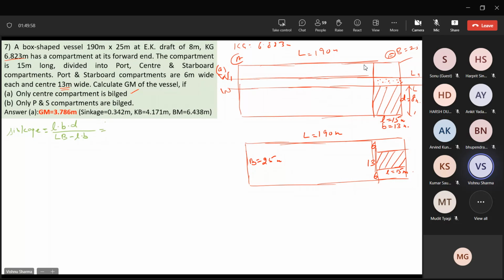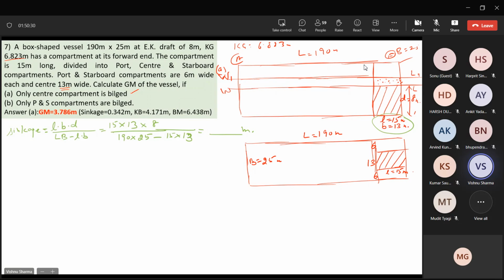So this will be equal to length 15 meters, breadth of the center compartment 13. You see, I've written the breadth 13 here. Please be careful. Into draft of 8 meters upon 190 into 25 minus 15 into 13. Can you please calculate and give me the sinkage, guys? And anybody who does not agree with this representation, let me know.